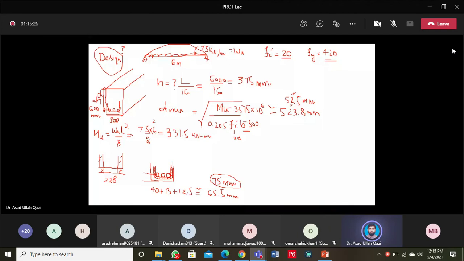Now it is the time to determine the reinforcement ratio in this beam, which will give us tension controlled under reinforced behavior.